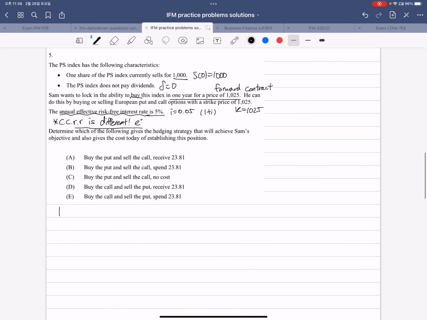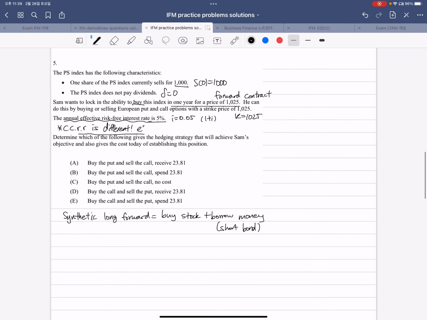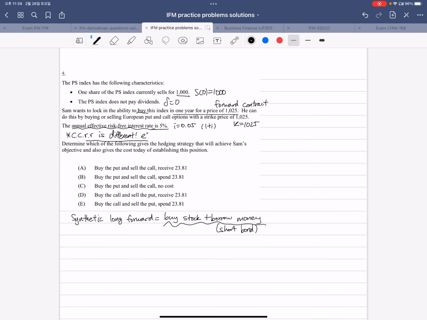Longing a forward contract, you can create a synthetic long forward by buying a stock and borrowing money. And this is like shorting a bond.